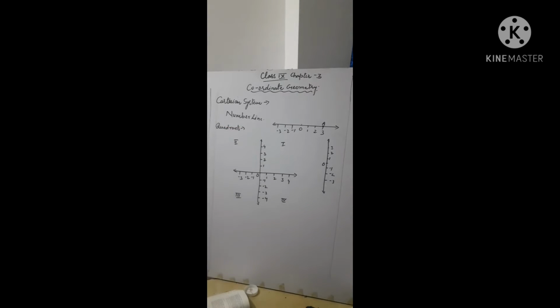Quadrant means 1 by 4. If we make 1 by 4 of any object, we call it a quadrant.